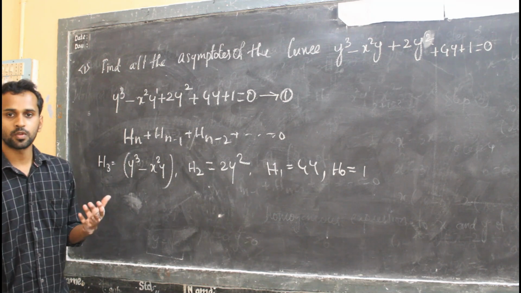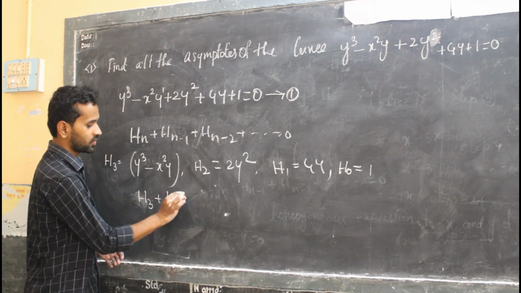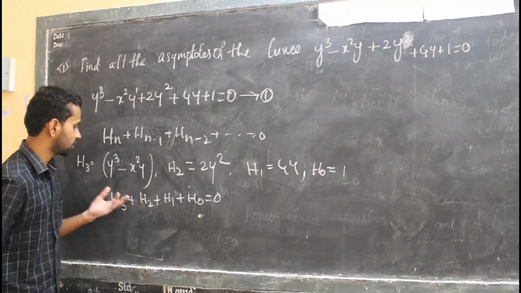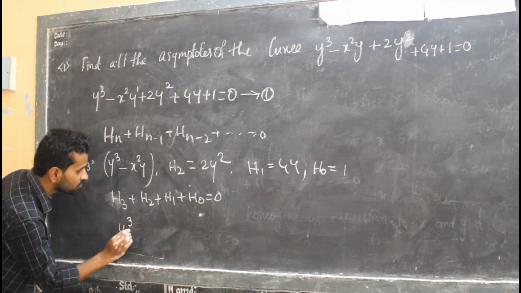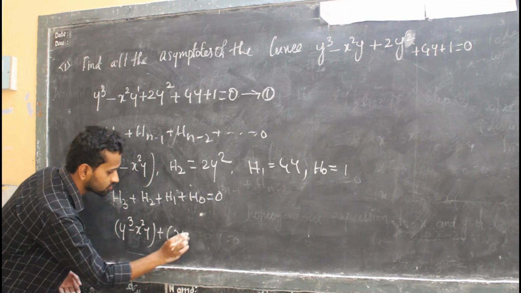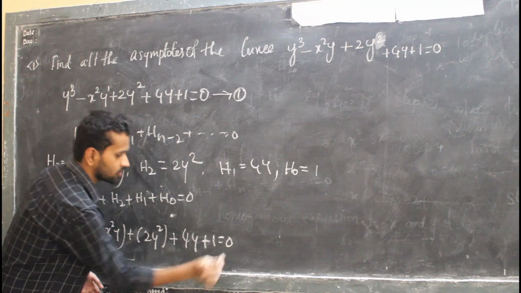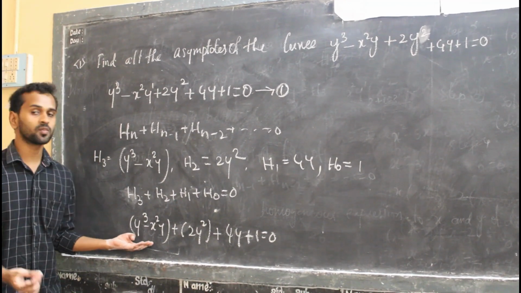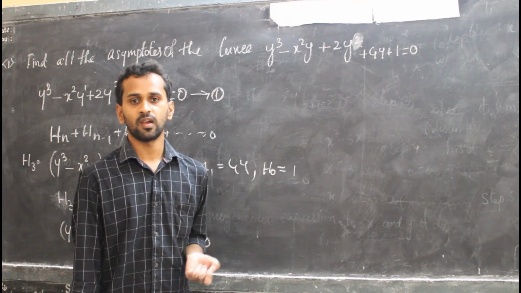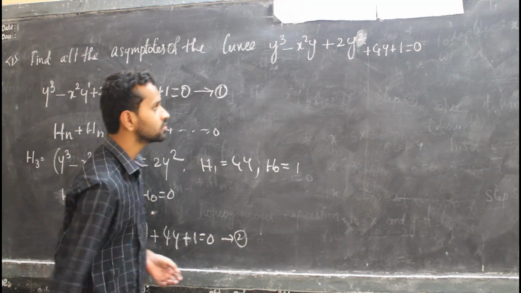Now, according to step number 2, h3 plus h2 plus h1 plus h0 equal to 0. So y cube minus x square y plus 2y square plus 4y plus 1 equal to 0. We get that. Now what is the next step? I need to replace x equal to 1 and y equal to m in this equation, let me consider it equation 2.